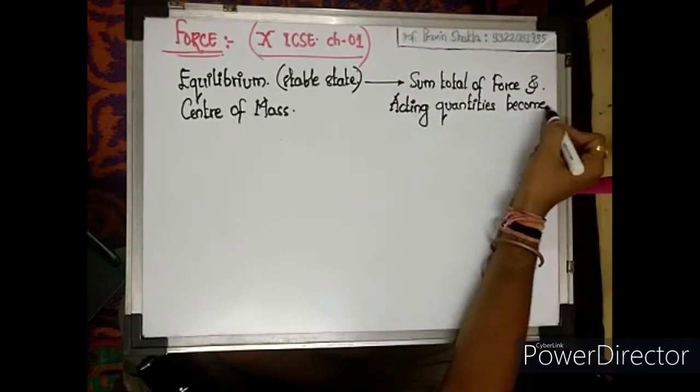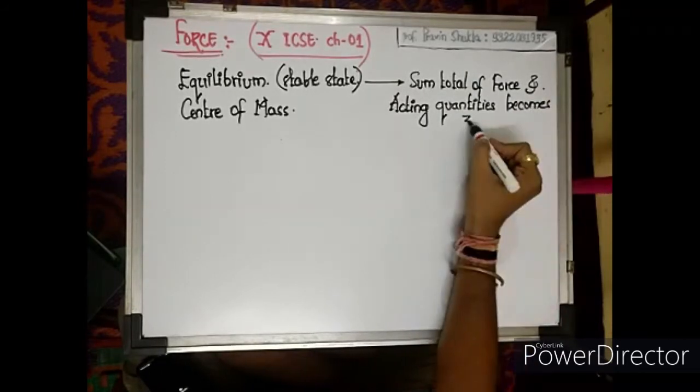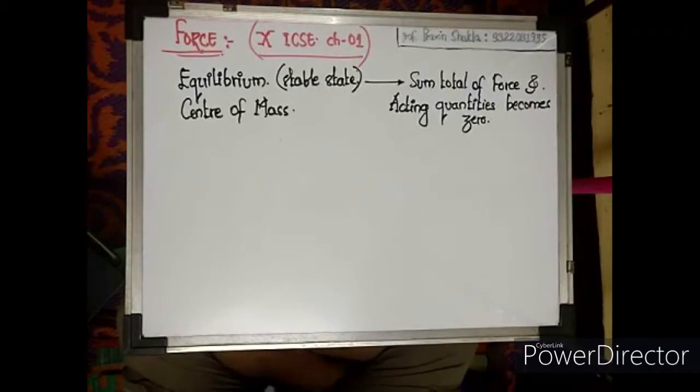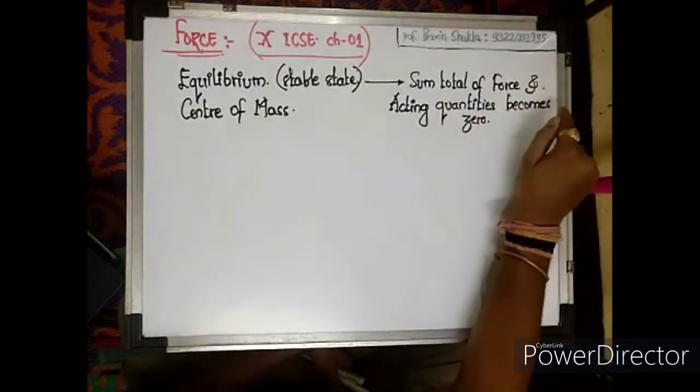This is very interesting, huh? Becomes zero. Now understand this. When you say sum total of two things, I have not written sum total of force. I have written sum total of force and acting quantities.